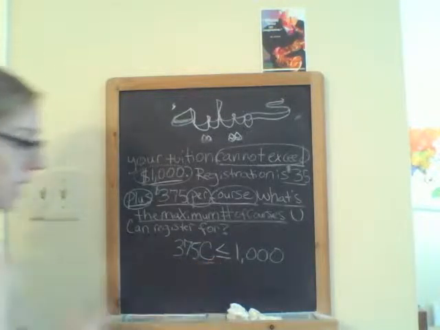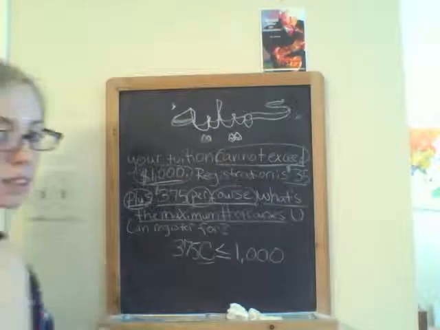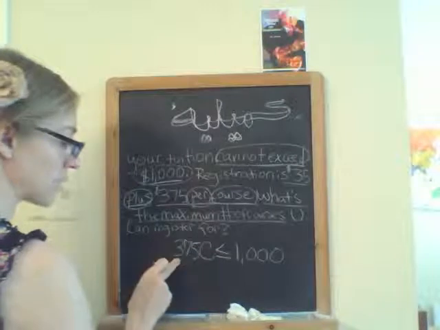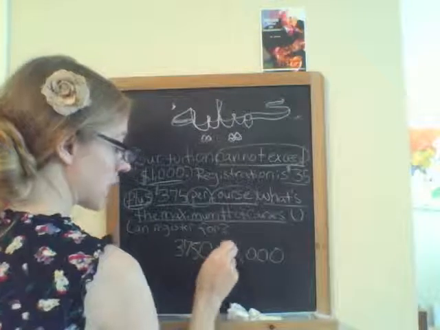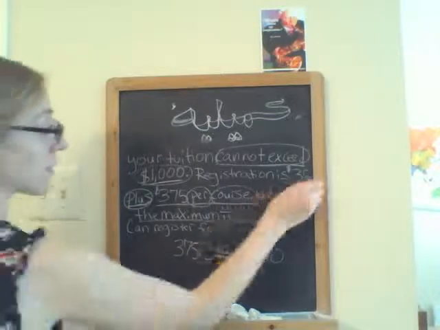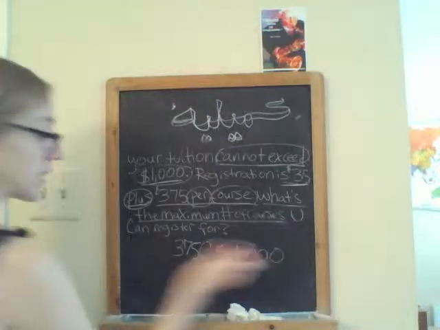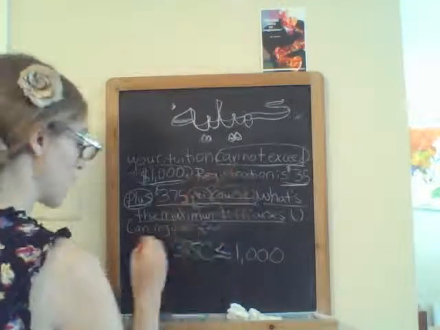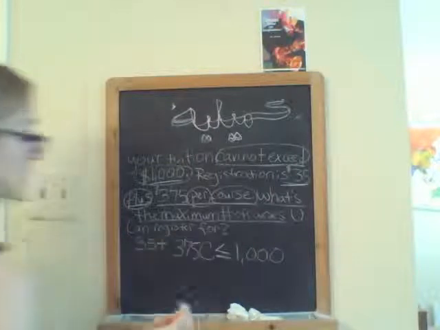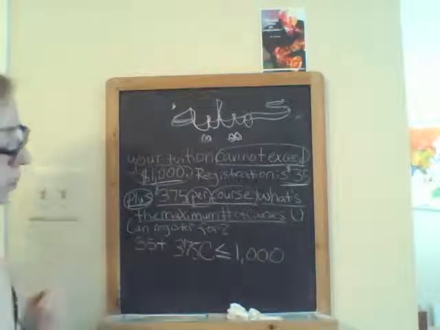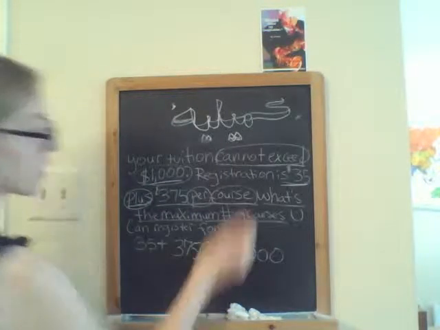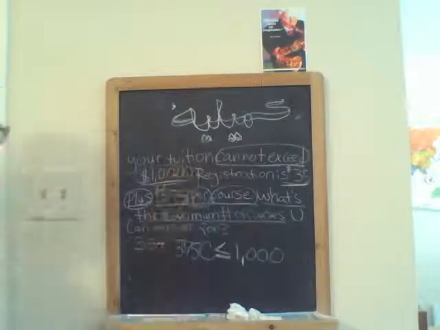So $375 times each course, the amount here, if I've registered for 2 courses, 3 courses, 4 courses, times $375 is going to be less than or equal to $1,000. Oh, but guess what? I also have to pay a $35 fee that I got to pull out of this amount too. And it looks like it's just a one-time fee. So it's $35 plus $375 per course is less than or equal to $1,000 because it cannot exceed $1,000.